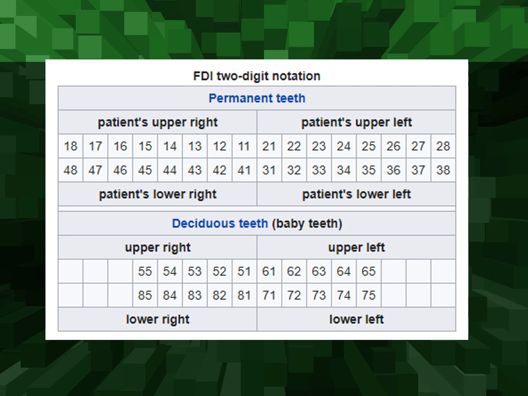For example, tooth number 54 means it is the upper right first molar. 73 is the lower left canine. I hope you understand.